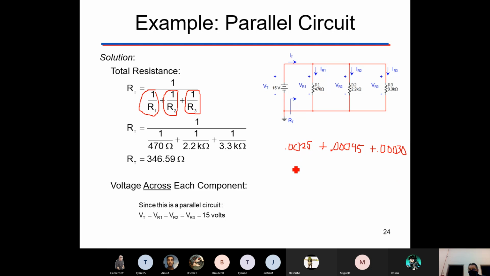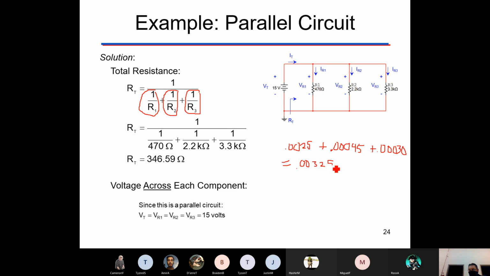Okay, so you're going to add all those up. Yeah, add all these up. 0.00325.